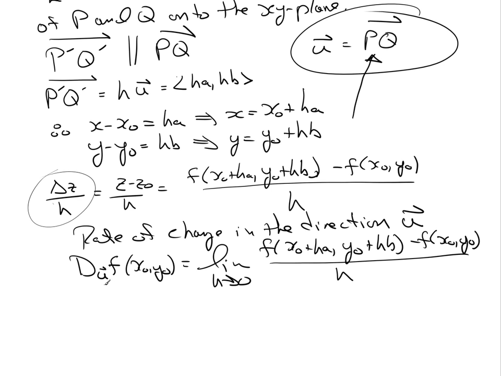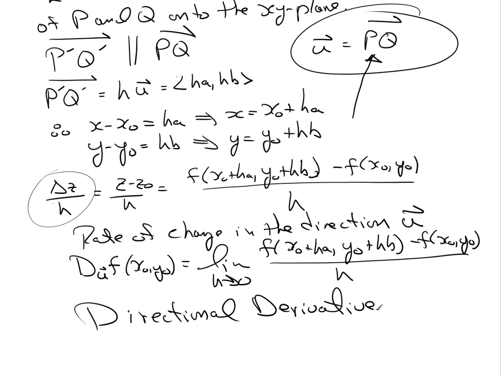So this is a directional derivative. Better write that down. This is the directional derivative. That's what this notation right here actually means. Of course, this is if the limit exists.